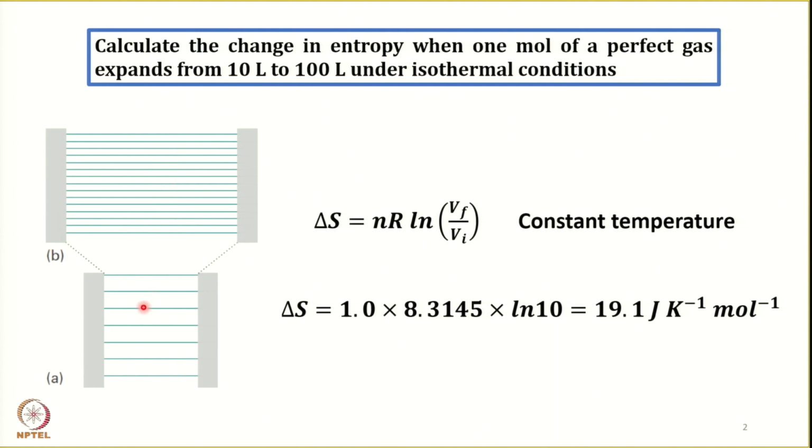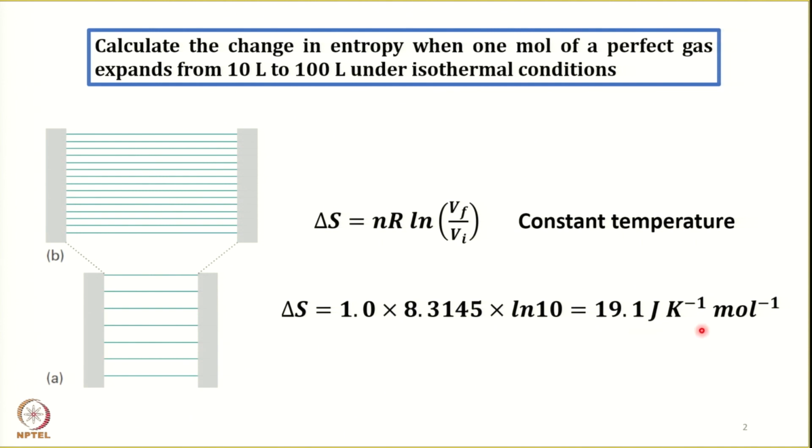So under isothermal conditions, the entropy of 1 mole of a perfect gas will increase by 19.1 joules per Kelvin per mole.